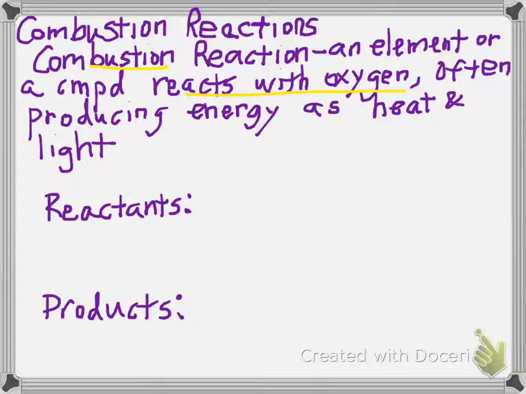So as always, our first step is to talk about our reactants, how many of them there are, and what they are. So for our reactants, hopefully looking at our definition, you can see that we're always going to have two.